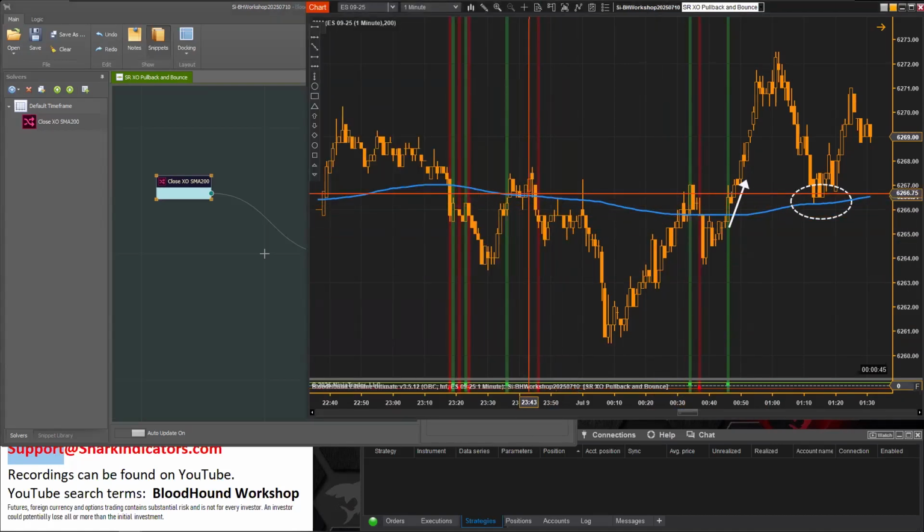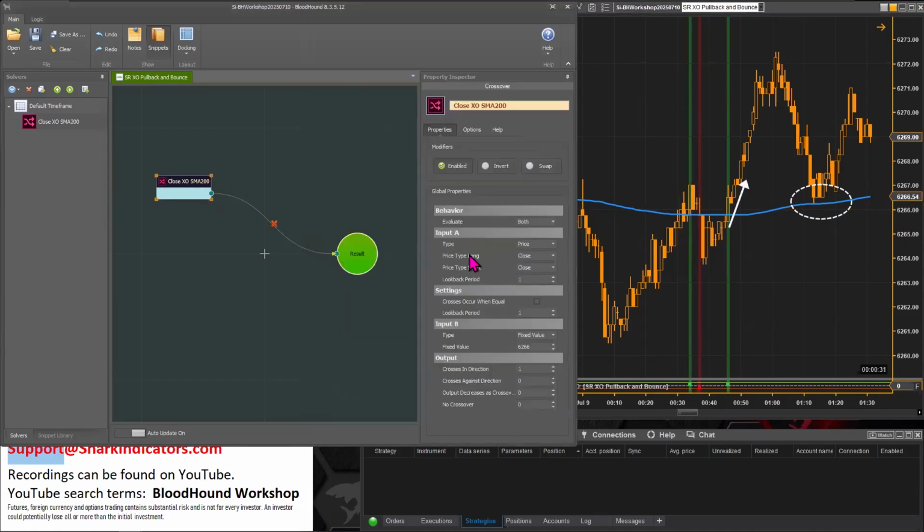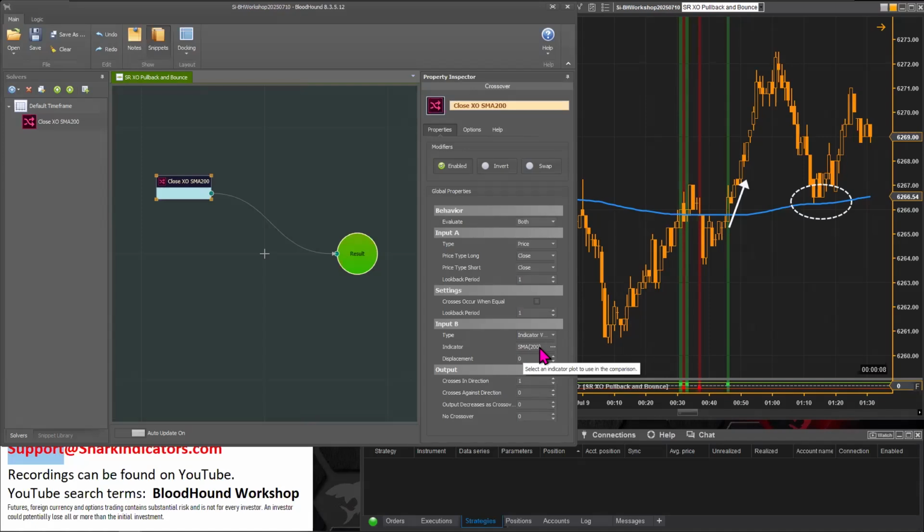There's price crossing over that 62.66 price level, somewhere like that. The point is, input B is where you plug in whatever your support resistance level is coming from, whether it's an indicator or your own calculated value. I'm going to switch this back to the indicator, and there's our SMA 200.